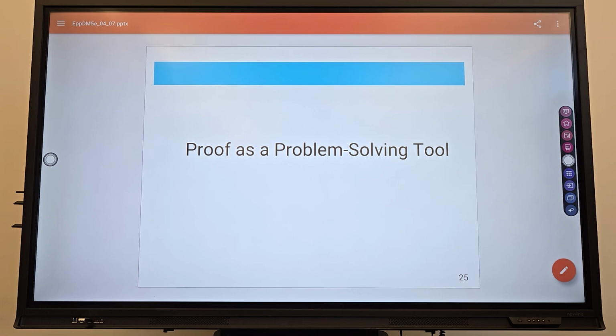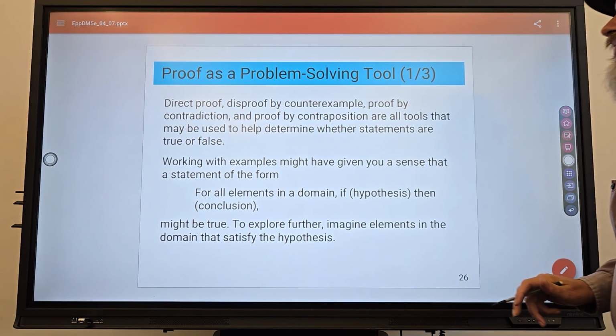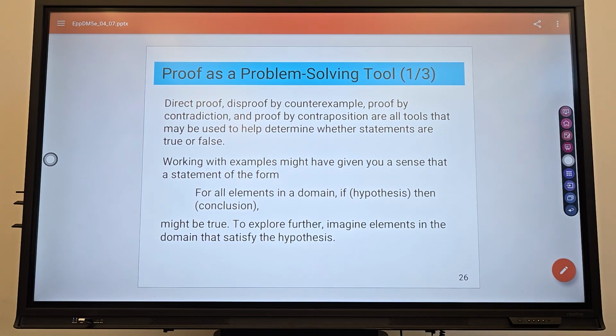Proof as a problem-solving tool. Direct proof, disproof by counterexample, proof by contradiction, and proof by contraposition are all tools that may be used to help determine whether statements are true or false. You might get a sense that a statement of this form might be true.